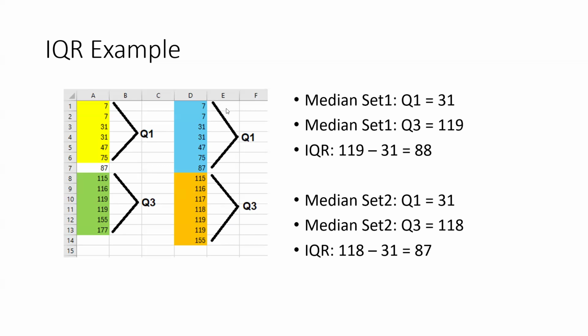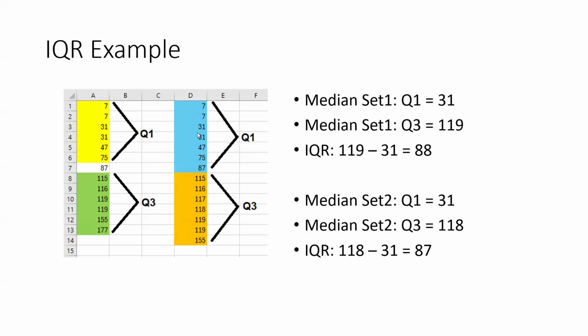So in this case, we have two equal sets. We're breaking our data perfectly into two subsets. In the earlier case, we had the median that we had to work around. In this case, we have two perfect subsets because it's an even number of observations. And so what we're going to do is here, the median for set 2, our first quartile, we count 1, 2, 3, 4, 5, 6, 7.